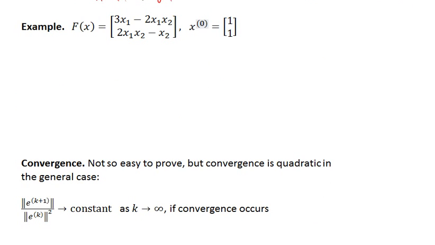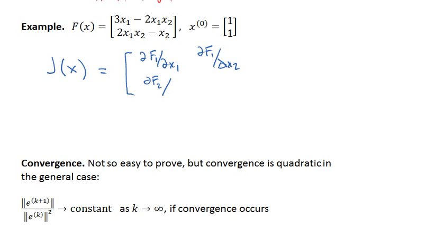All right, so J, we have df1/dx1, df1/dx2. The row tells you which equation or which output, and the column tells you which input variable.